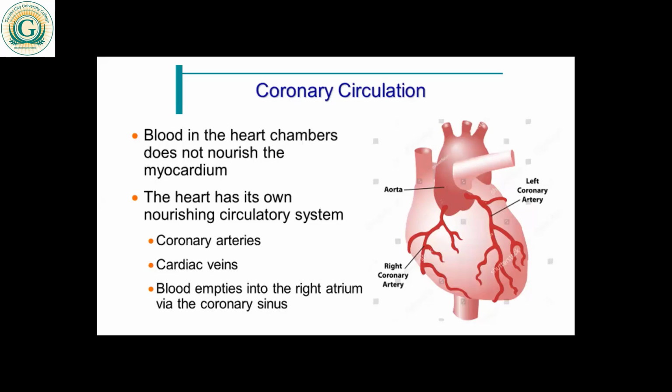And it's made of the coronary arteries and the cardiac veins. And blood empties into the right atrium via the coronary sinus. So we have the coronary arteries and veins that supply blood and return blood around the heart.